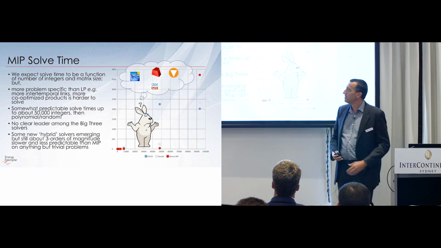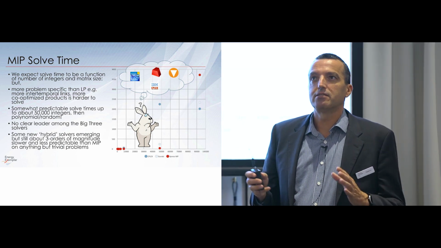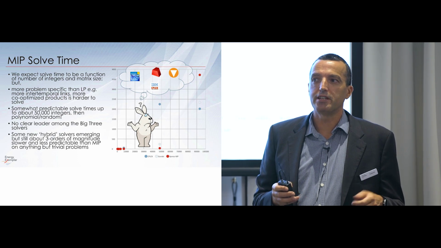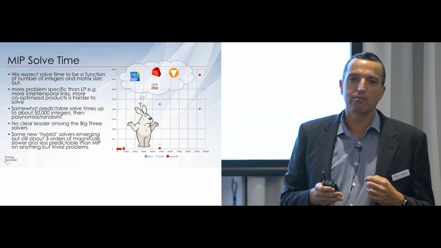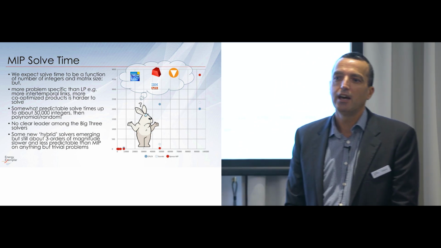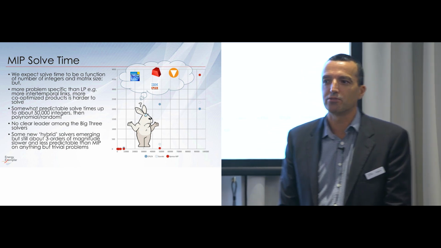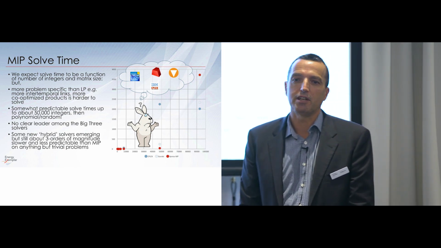Similarly with MIP, when MIP started to be used routinely in simulations, the solve times were almost random. They were very problem specific, and it was actually difficult to justify using MIP for commercial simulation, say 15 years ago.